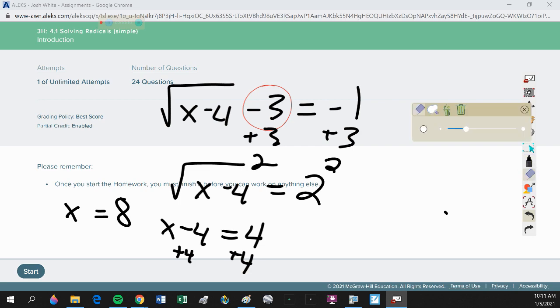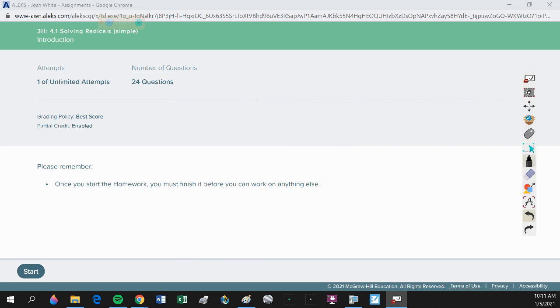Okay, let's do another one. Does that have a solution? No. I need to get the square root by itself.